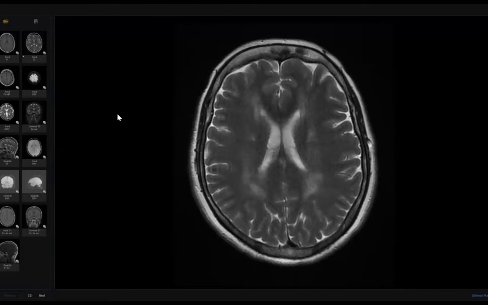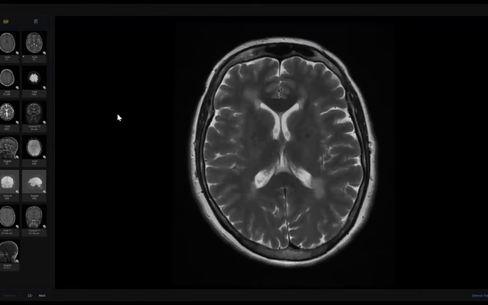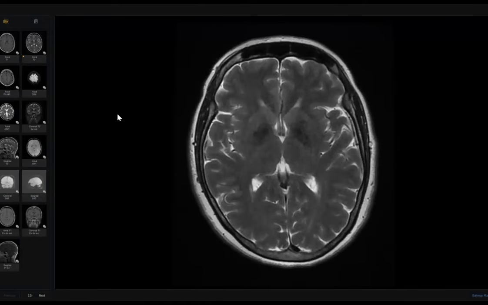I would like to check basal ganglia again to look for abnormal signal. Basal ganglia showed previously seen high signal as low signal on T2.